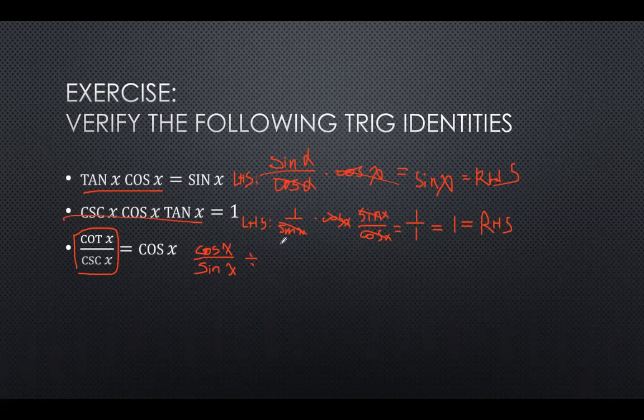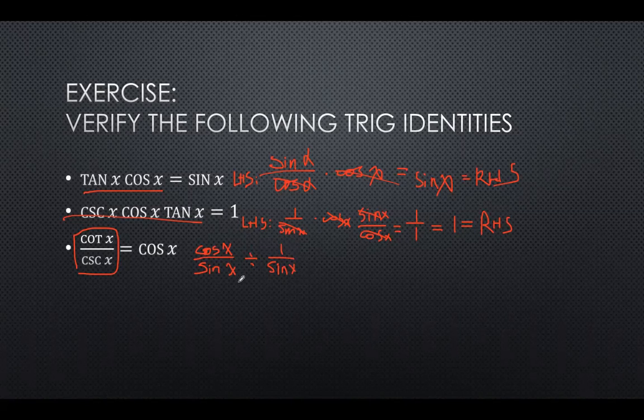Cosecant, if you remember, is 1 over sine. Division is basically multiplying by its reciprocal.